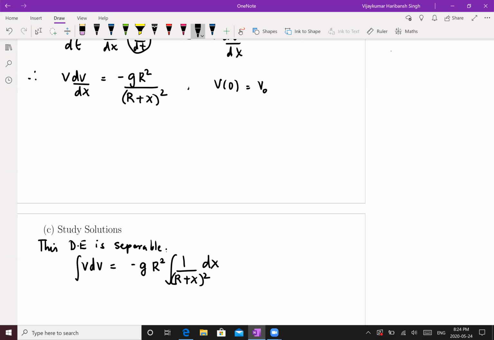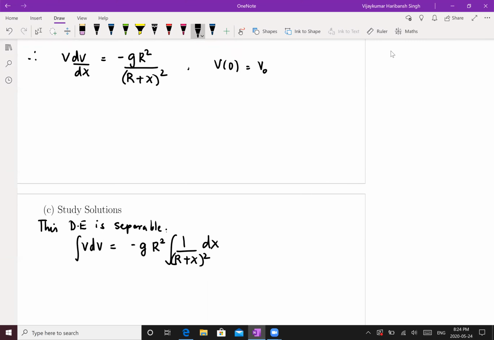So let's solve this. The integration of v dv is going to be v squared by 2, which is, on the other side, g r square times the integration of 1 upon r plus x the whole square.